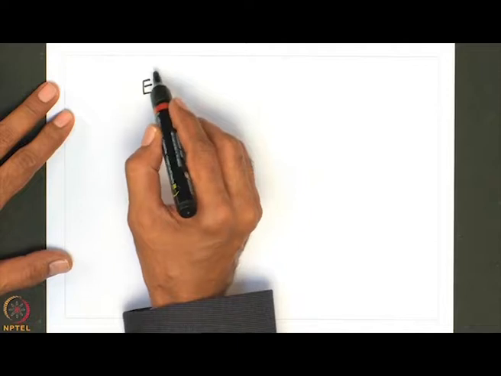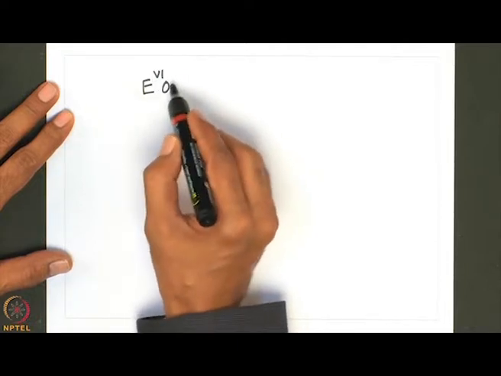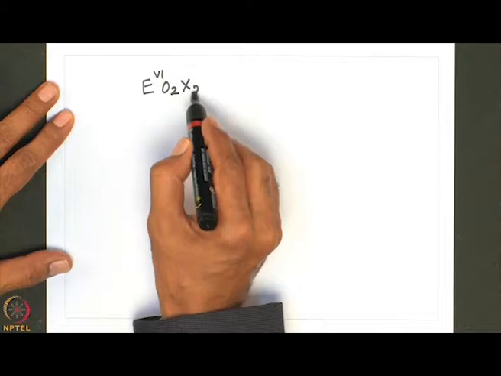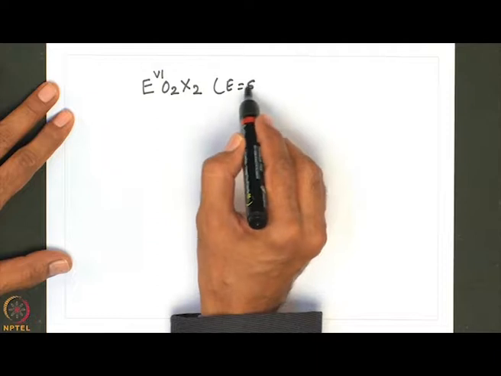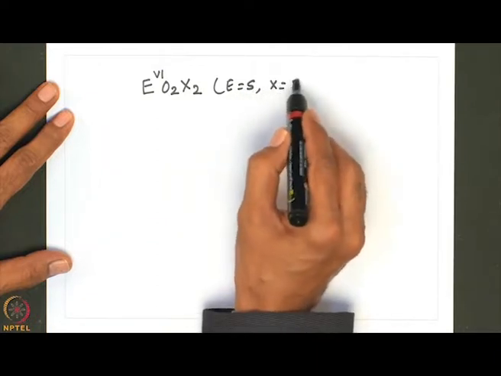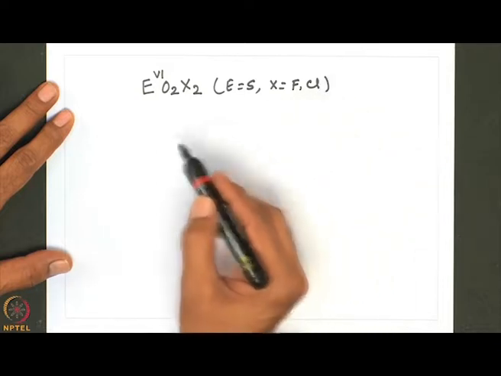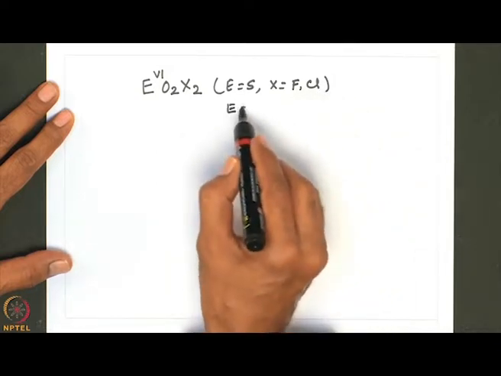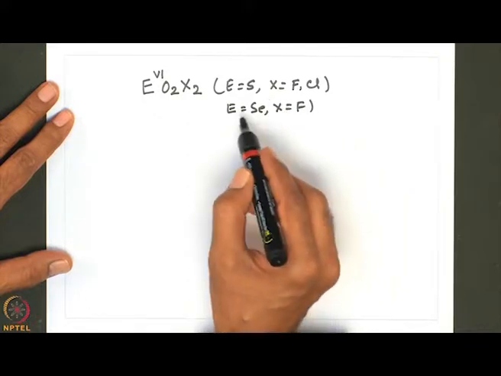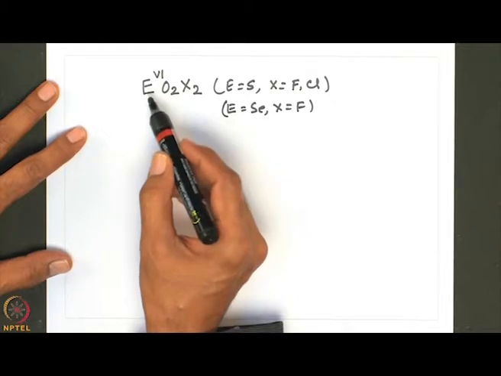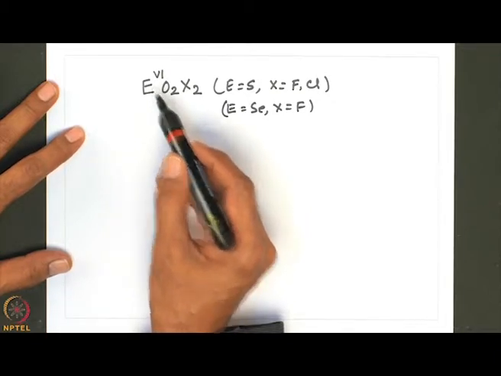Oxyhalides of sulfur, selenium and tellurium are very important and they have a general formula, where E equals sulfur, X equals F and Cl, and where E equals selenium, this is with chalcogen in its plus 6 oxidation state.